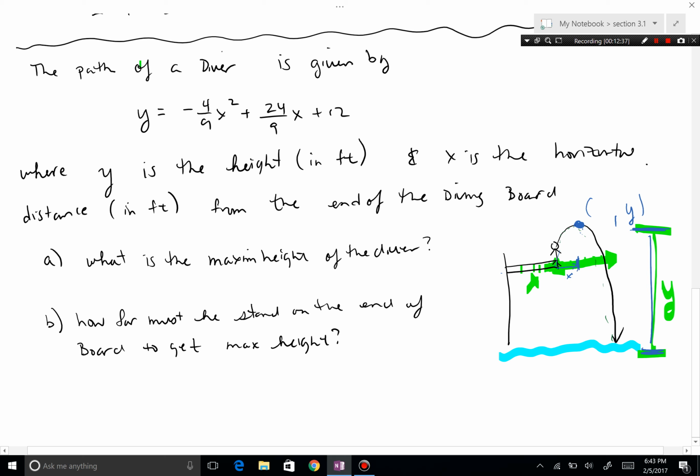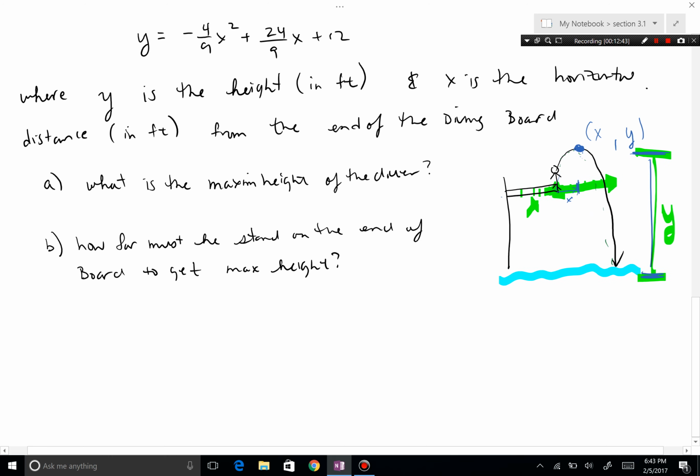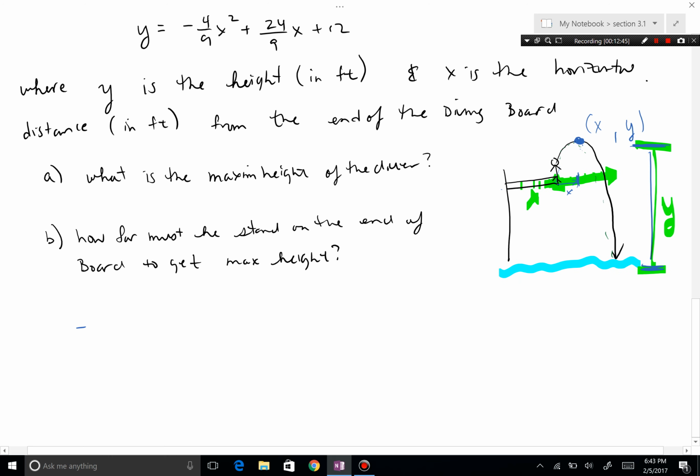So that tells you that we're looking at the x comma y, which is, in other words, we just need to use the vertex formula. Okay, so here we go. Vertex formula, negative b over 2a. Look at what b is. b is 24 over 9. a is negative 4 over 9. Now you better be able to simplify fractions.